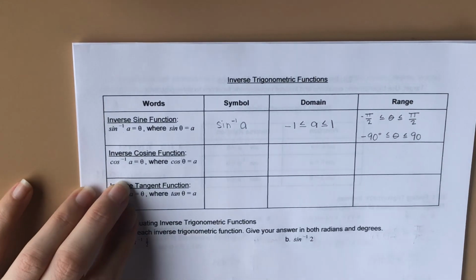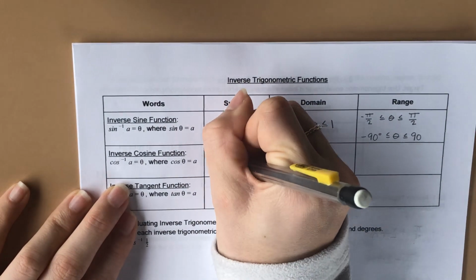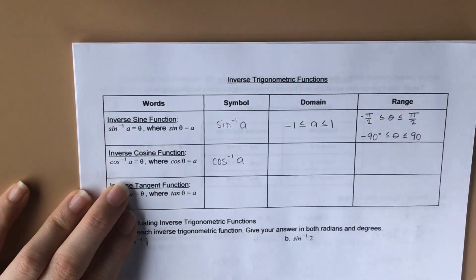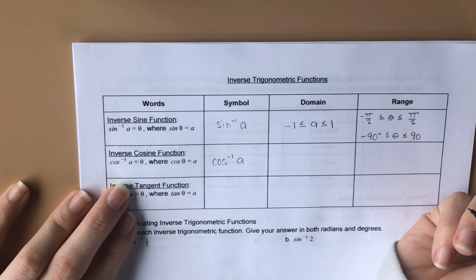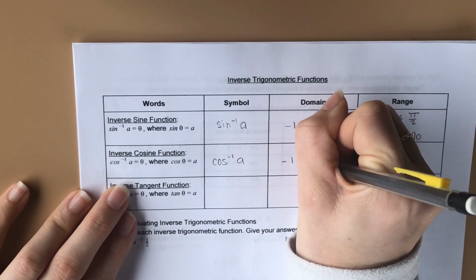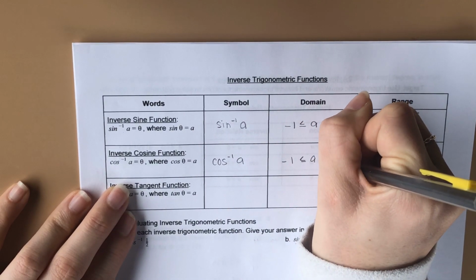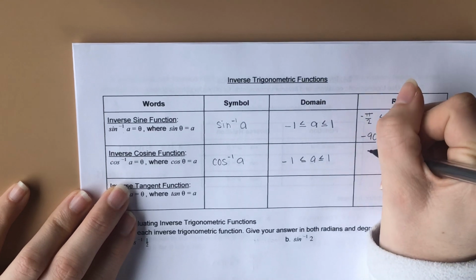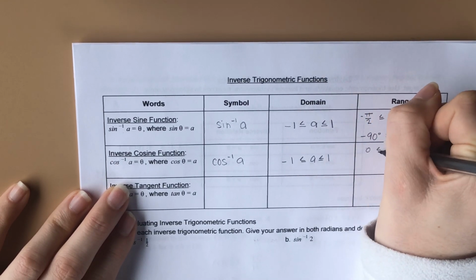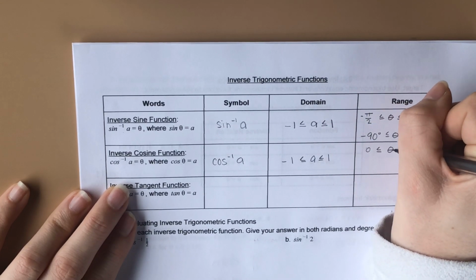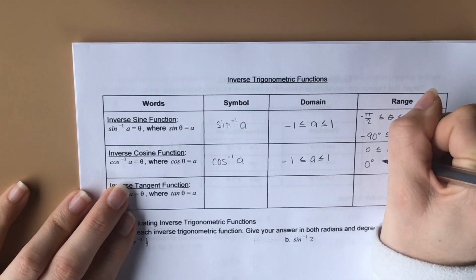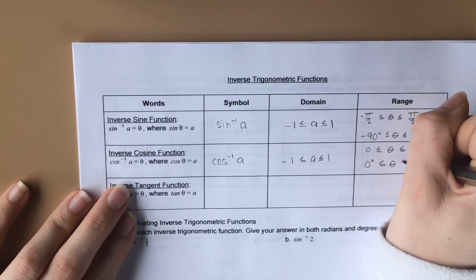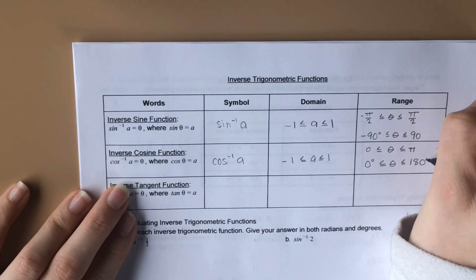And then we have our cosine. So then I'm going to have cosine inverse of the angle measurement. I have the domain being the same. Okay, and then I have theta from 0 to pi. So theta is between 0 and pi. Then if you're talking about degrees, it's going to be from 0 degrees to 180 degrees.